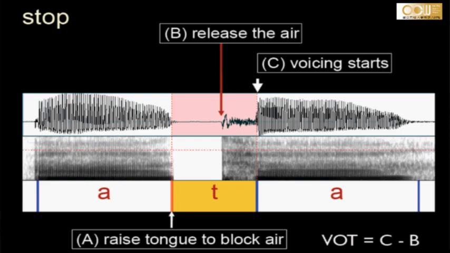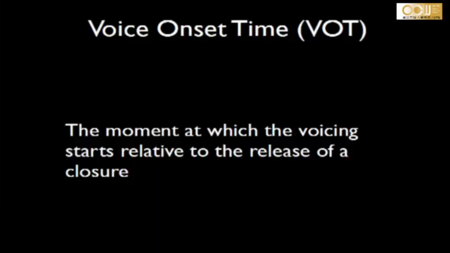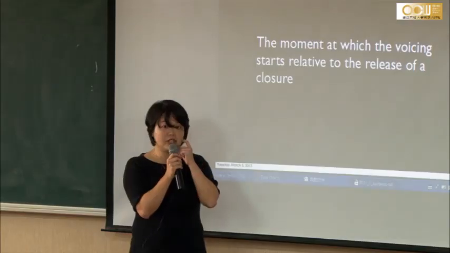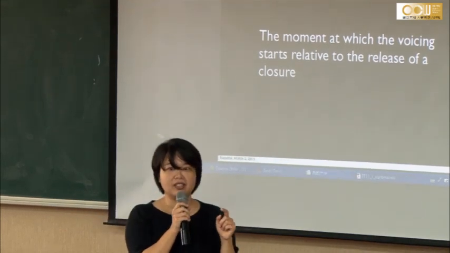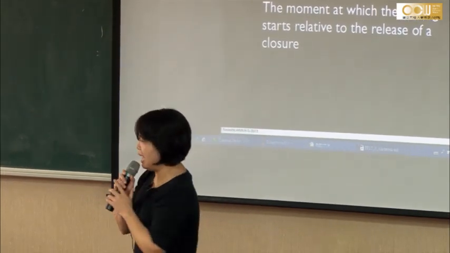So this is the voice onset time we're talking about. Okay, back to the definition again, just in case. Okay, now come again. The moment at which the voicing starts relative to the release of a closure. So we want to know how long that puff of air is for voiceless sounds.